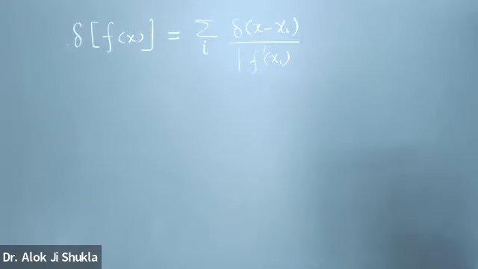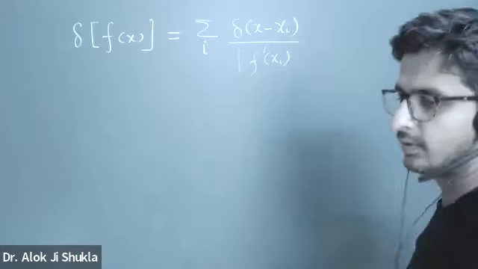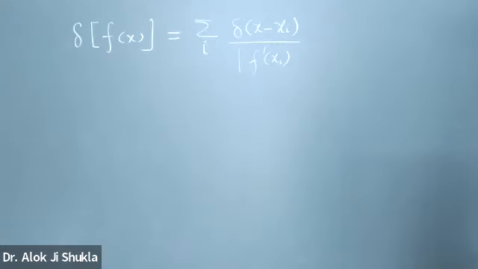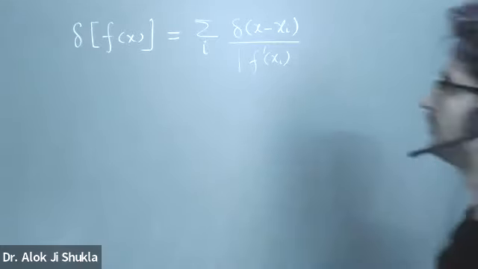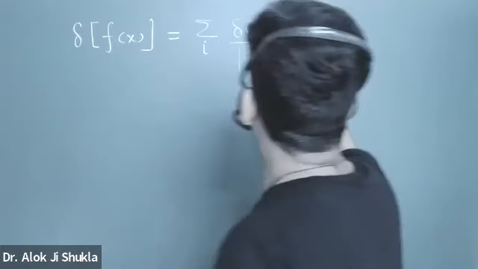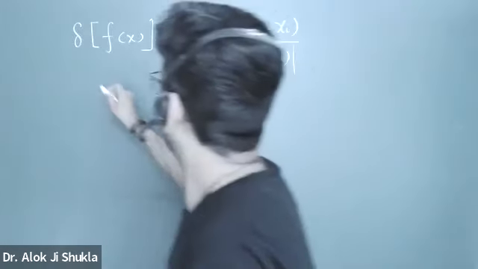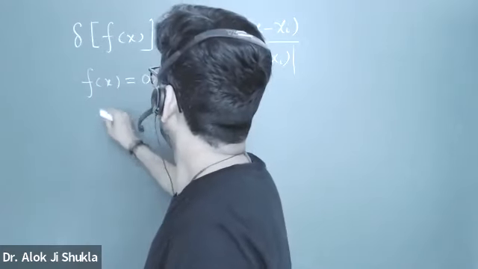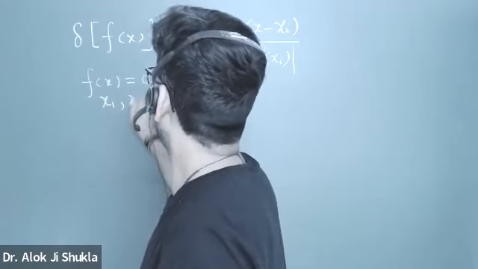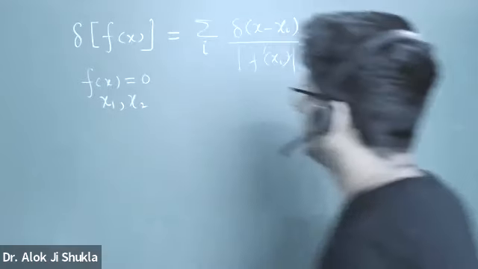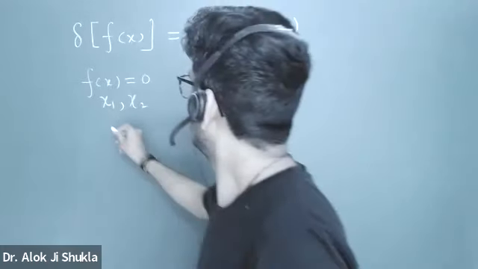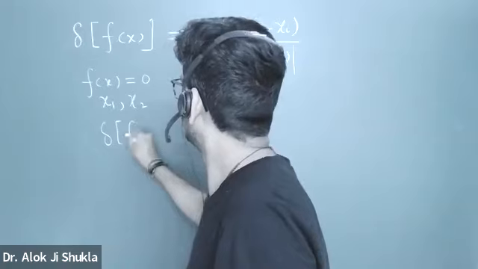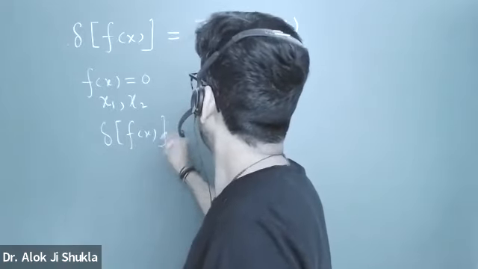So this was the formula that I told you in the last class. Suppose you substituted f(x) equal to 0, and you got two roots, x1 and x2. In that case, what will your delta function of f(x) become?